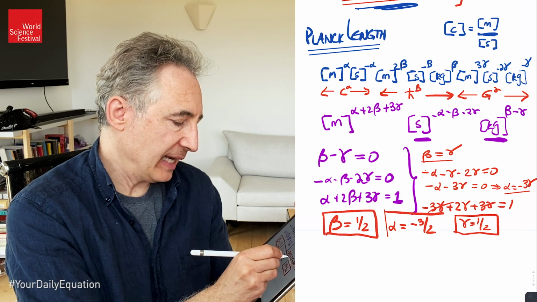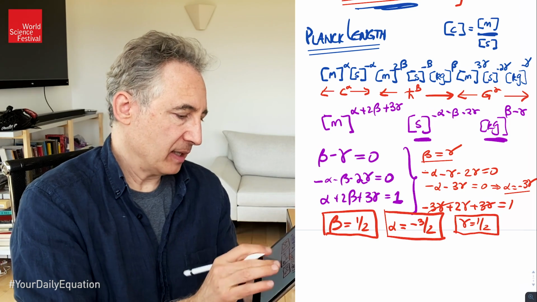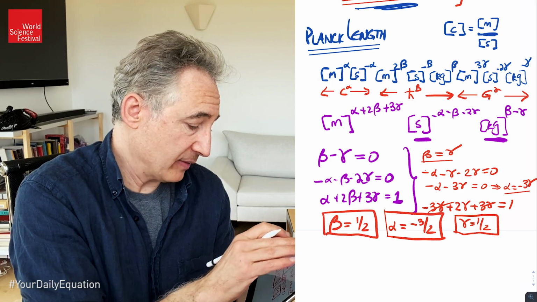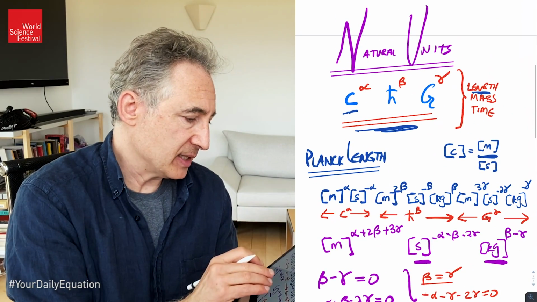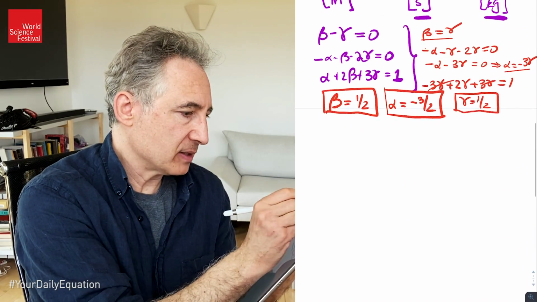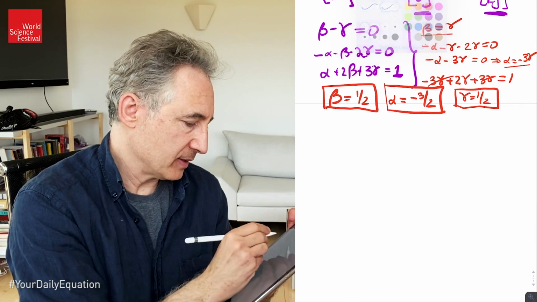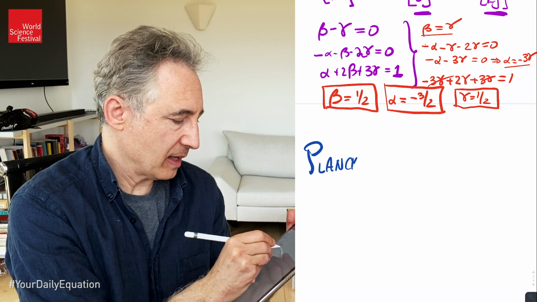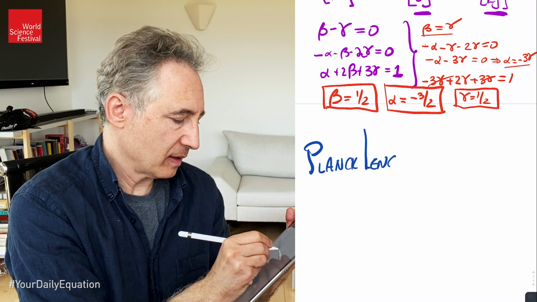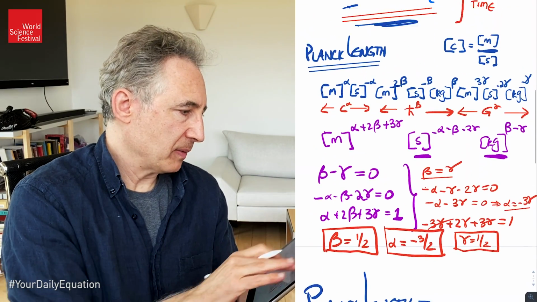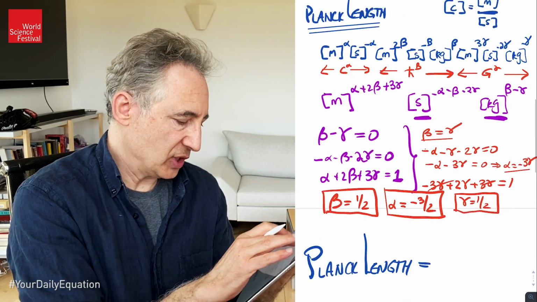So I now have my alpha, my beta, my gamma to ensure that I get a length out of here. So let's write down that particular combination. C to the alpha, H bar to the beta, G to the gamma. And that is my Planck length. So let me put that down as my finale here. So my Planck length equals C to the alpha, H bar to the beta, G to the gamma.